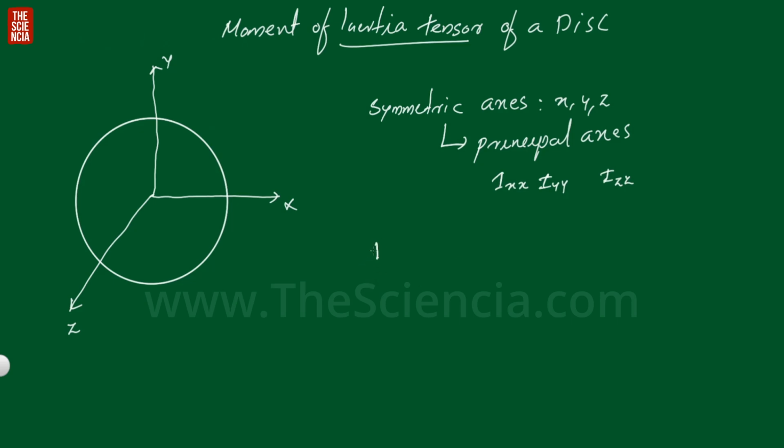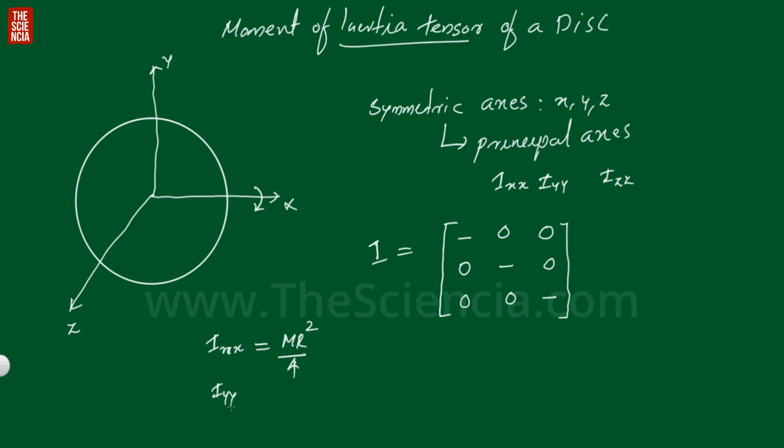And our moment of inertia tensor for a disk looks like this. Here the Ixx term will be there, and the Ixy term will be 0, the Ixz term will be 0, and so on, and we get the Izz value, right? And what is the Ixx value? It is rotating about its diameter. Then the moment of inertia of a disk will be equal to m r square by 4. And for Iyy, what will be the value?